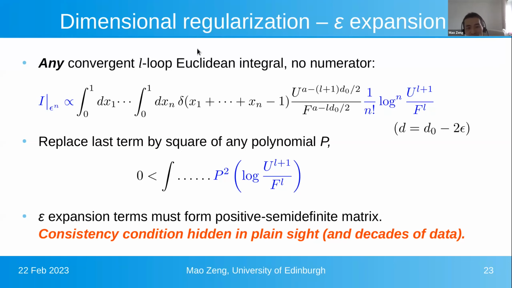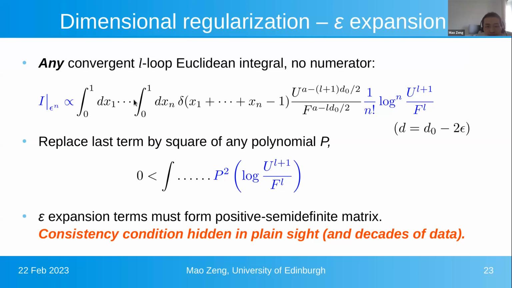Okay, now I can get a positivity constraint on this epsilon expansion. Since we are talking about the logarithm raised to some power, I'll just consider positive polynomials in this logarithm. I can consider any polynomial under a certain cutoff degree, and if it's squared, then it has a positive integrand. And after integration in this compact Feynman parameter space, you get a positive integral.